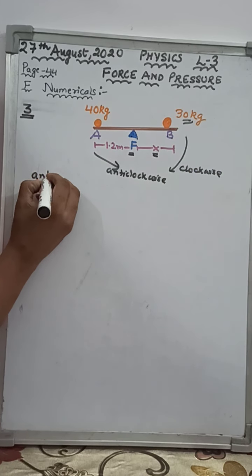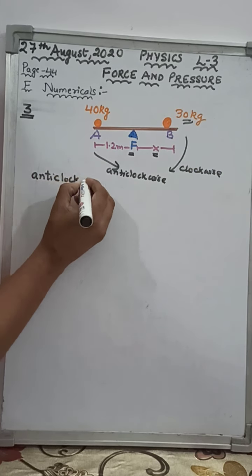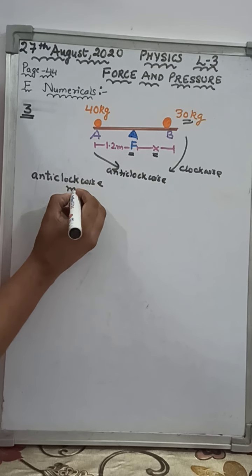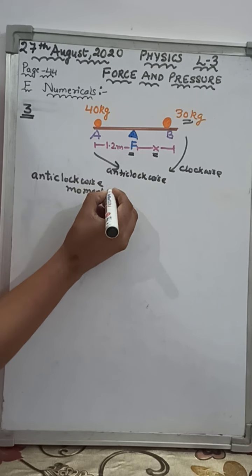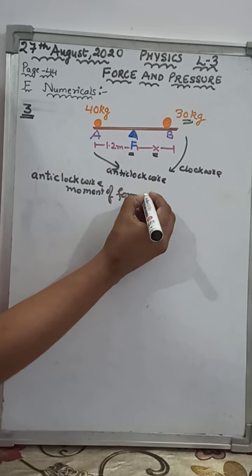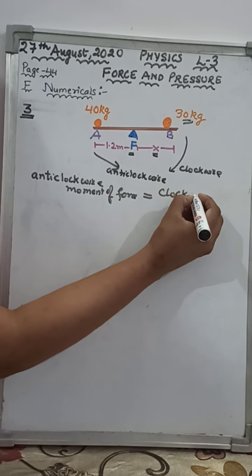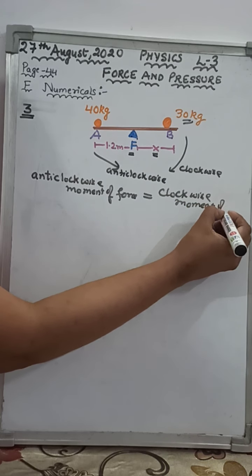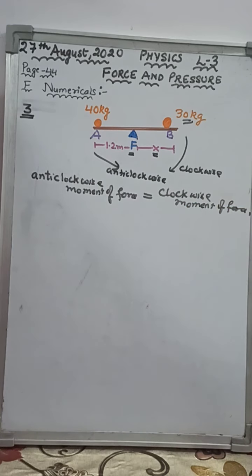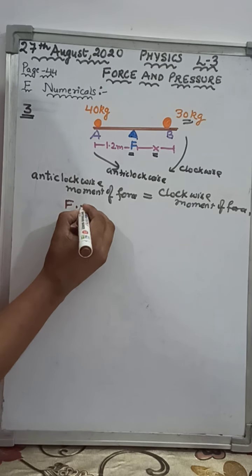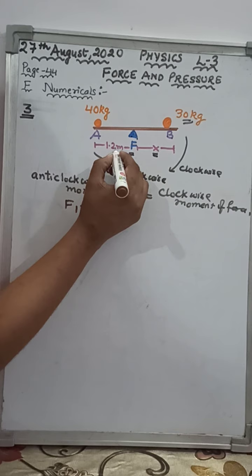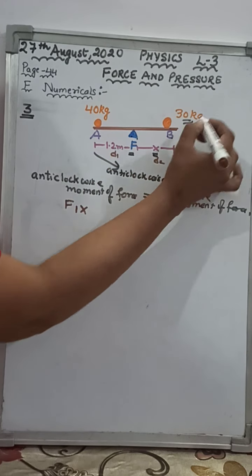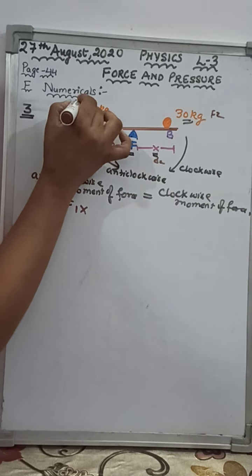So anti-clockwise moment of force will be equal to clockwise moment of force. Clear? So we will put the formula F1 into D1, this is D1, this is D2, this is F2, this is F1.